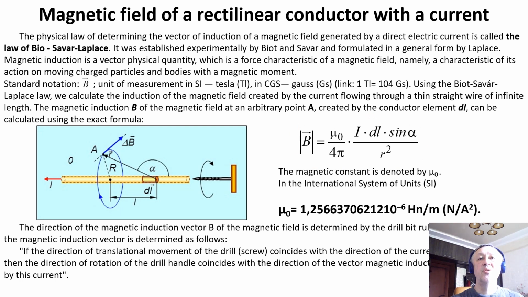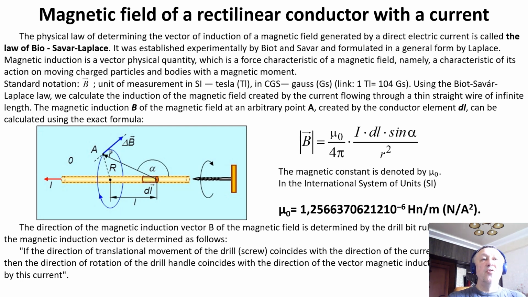In this formula, we use the magnetic constant. It's denoted by mu0 value. In the International System of Units, SI system, the value of this constant is given on the slide.